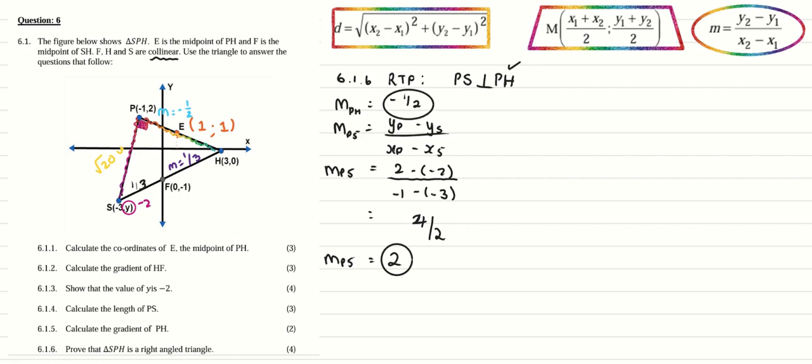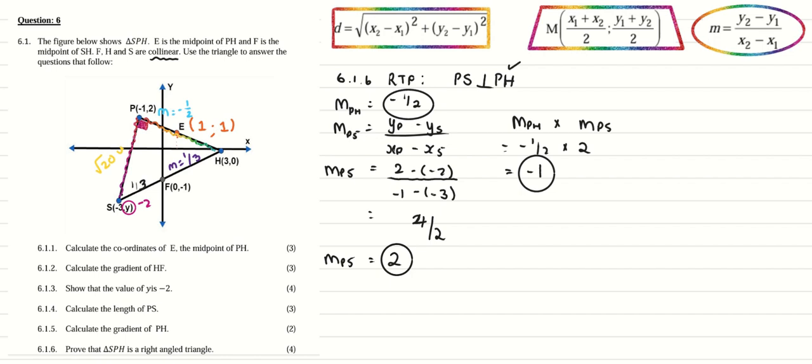Now that we have that, we can see that when we take the gradient of PH multiplied by the gradient of PS, we end up with -1/2 multiplied by 2, which is -1. This tells you that those two segments, which I have in rainbow colors on the left, are making an angle of 90 degrees.